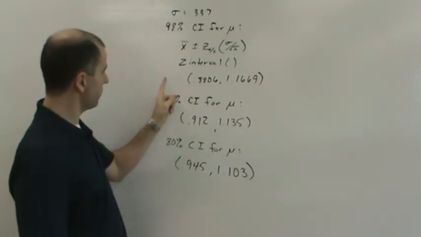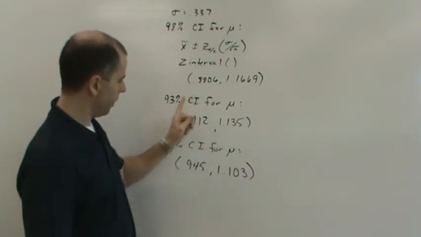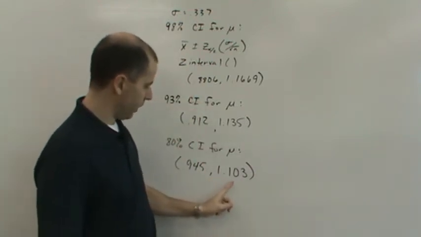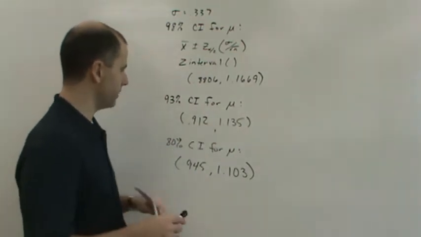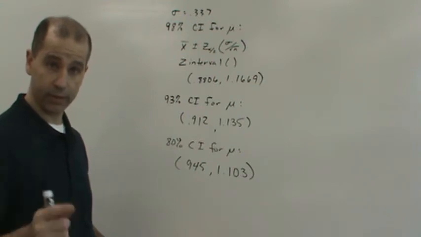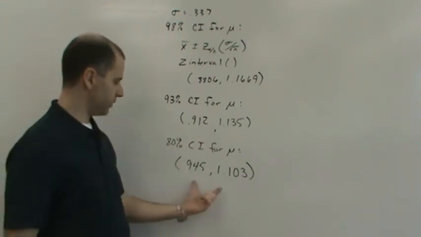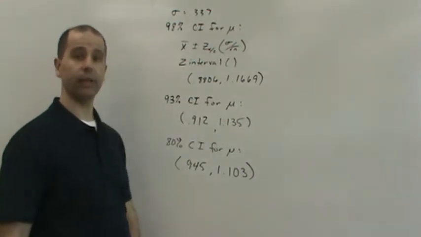So as the confidence level increases, this endpoint is going down. What's going on with the right endpoint? It's going up. So the interval is increasing, so the confidence interval is getting bigger as the confidence level increases.